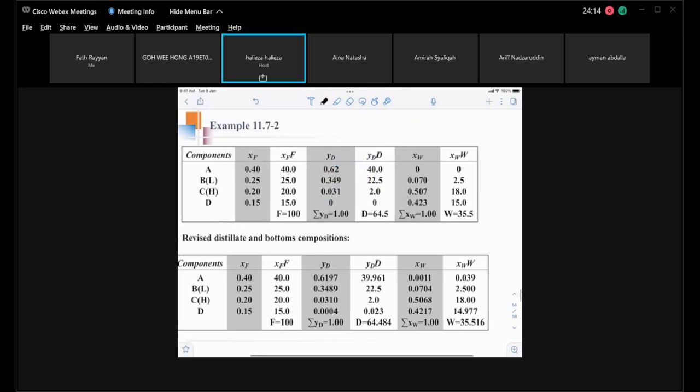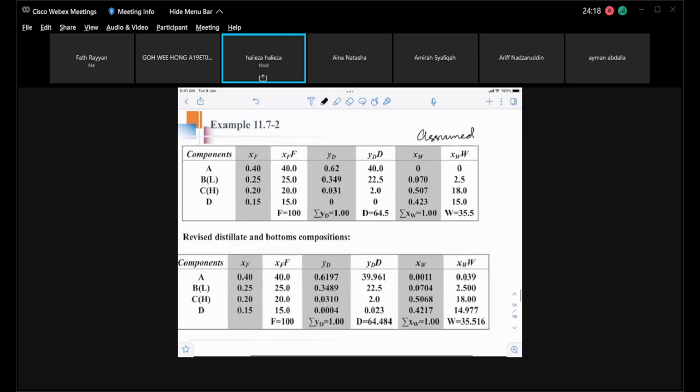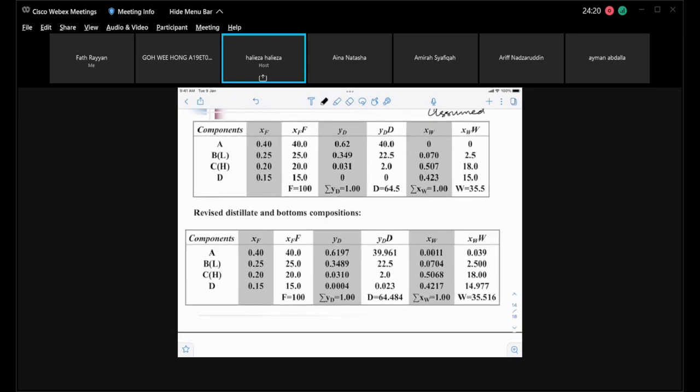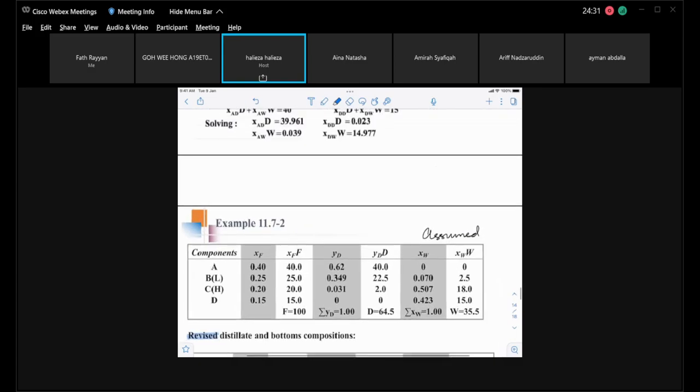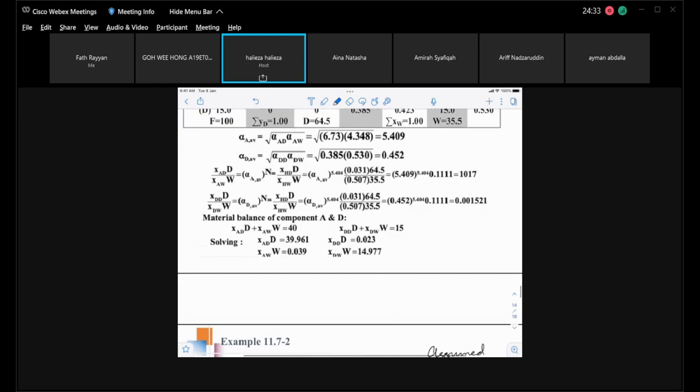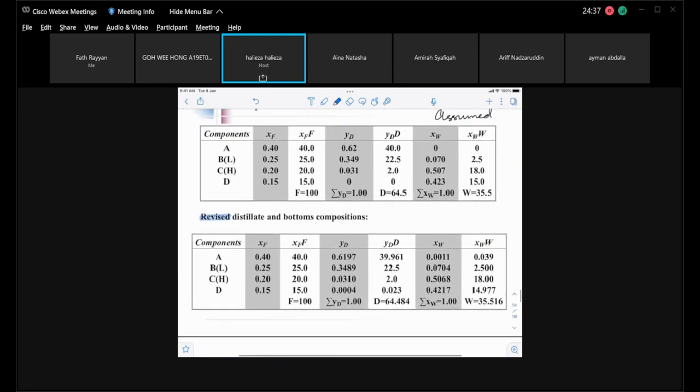The table at the top is the assumed composition, and the bottom table is the revised version, the revised composition after we have done the distribution, okay, based on the N min value.